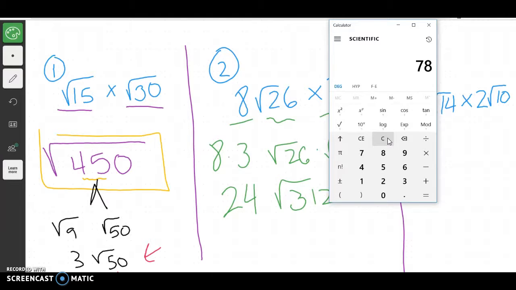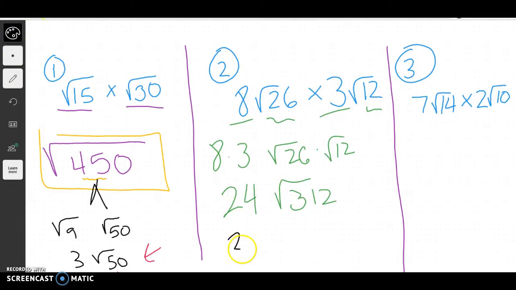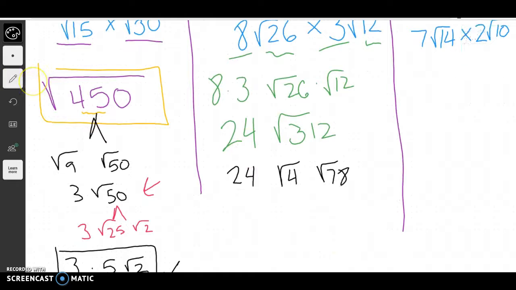So we would have, in this spot, 24, radical 4 and radical 78. That would give me 2, so I'd have 48 radical 78.